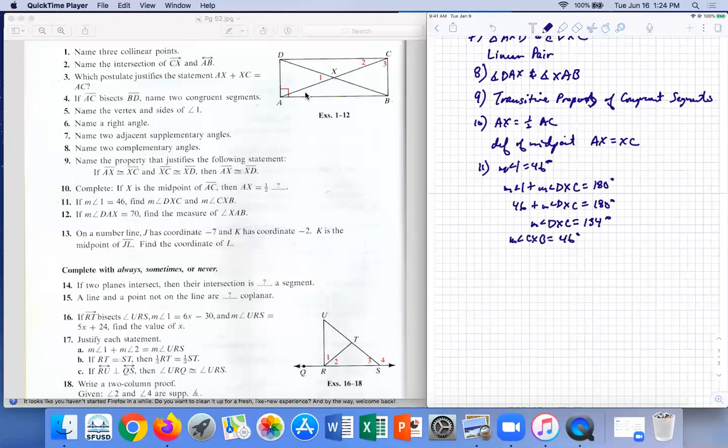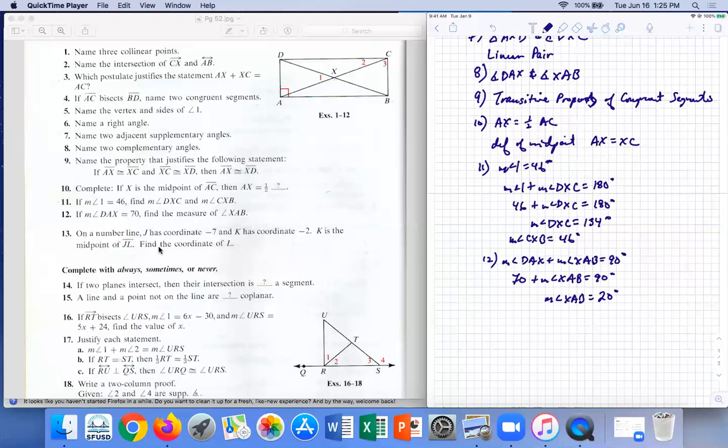So we want to write measure angle DAX plus measure angle XAB. They are complementary, meaning they add up to 90 degrees. Since DAX is 70 degrees, plus measure angle XAB is equal to 90 degrees, you subtract 70 from both sides. That means XAB has to be 20 degrees.